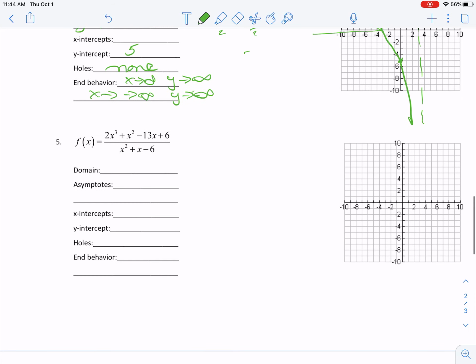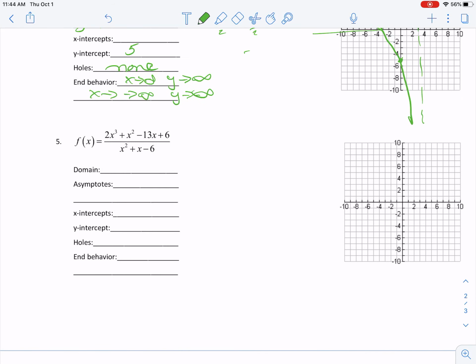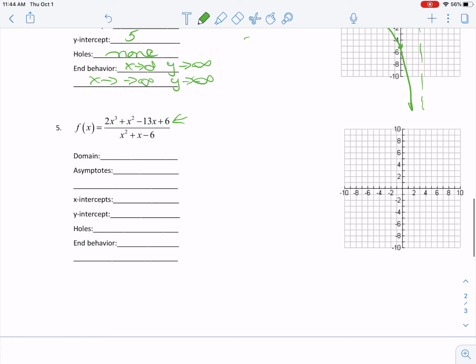All right, last one. I don't like factoring cubics, so I did long division. I got x squared plus x minus 6 into 2x cubed plus x squared minus 13x plus 6.